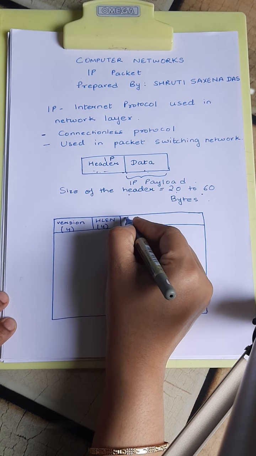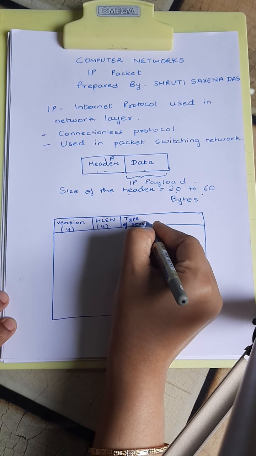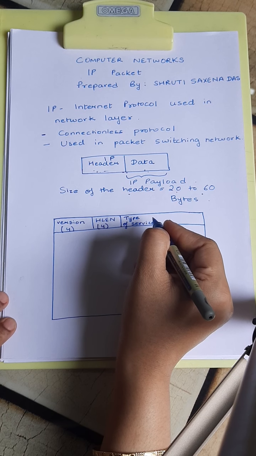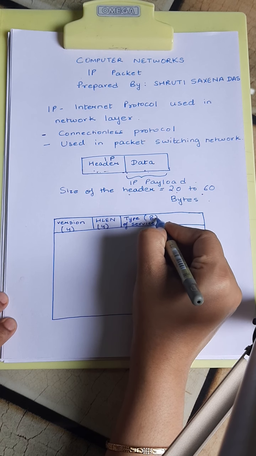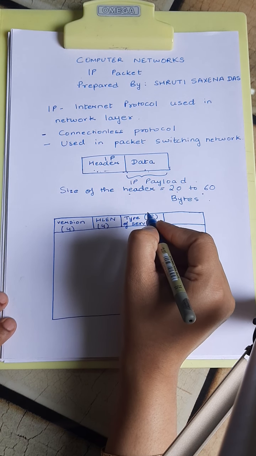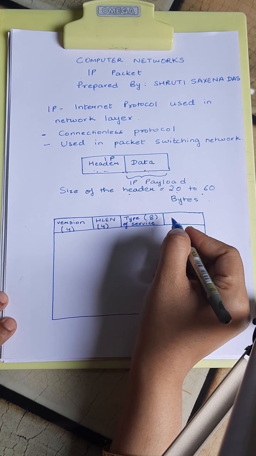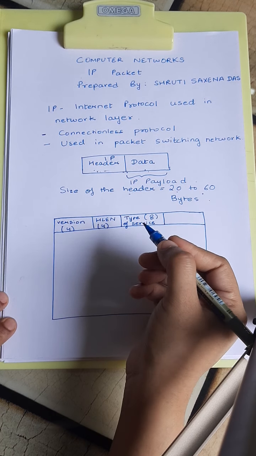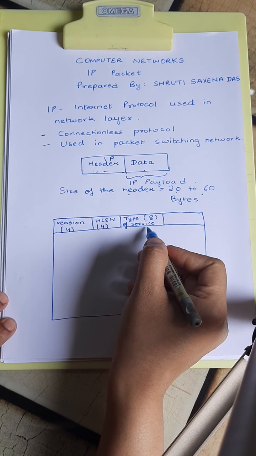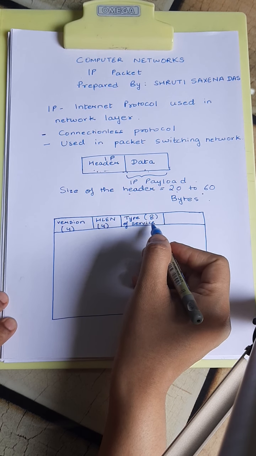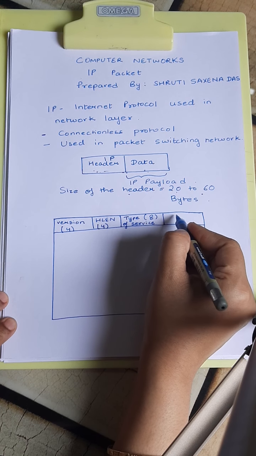Next one is type of service. It is of 8 bits, and it stores information about which type of service we are going to use, whether we are focusing on low delay, high throughput, or reliability. This field tells about the type of service. The next one is total length.